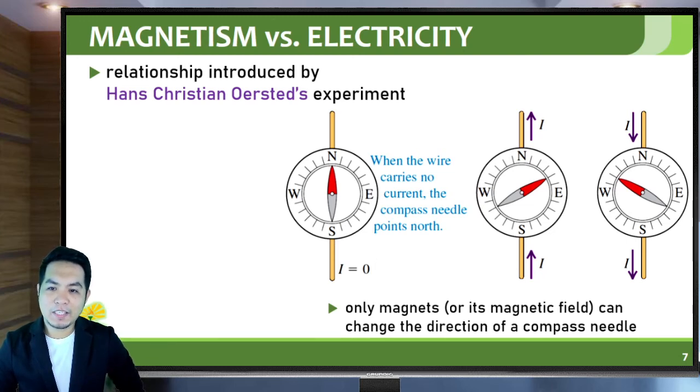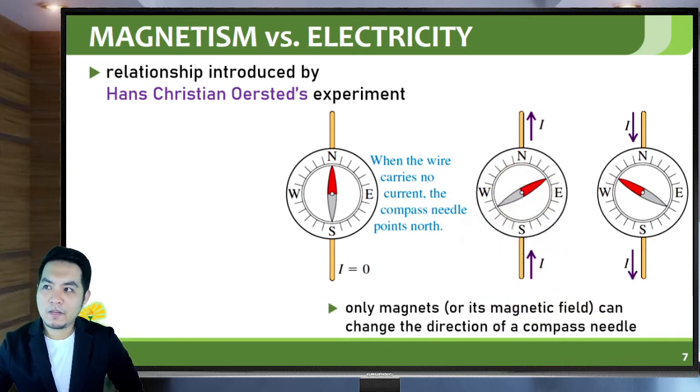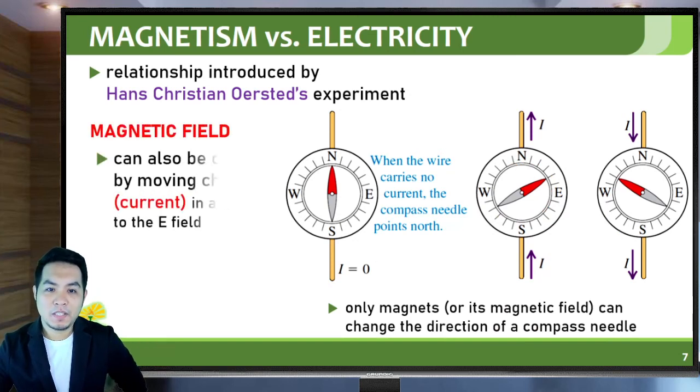In this case, we know that only magnets or their field, called the magnetic field, can change the direction of a compass needle, right? Such as the magnetic field of the Earth. So since there is a change in the direction, this can only mean that current or moving charges must also be magnetic.